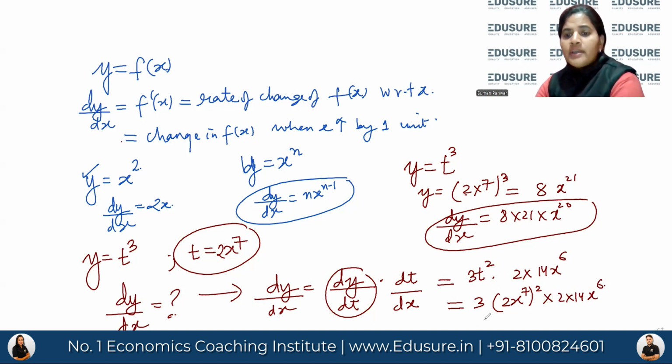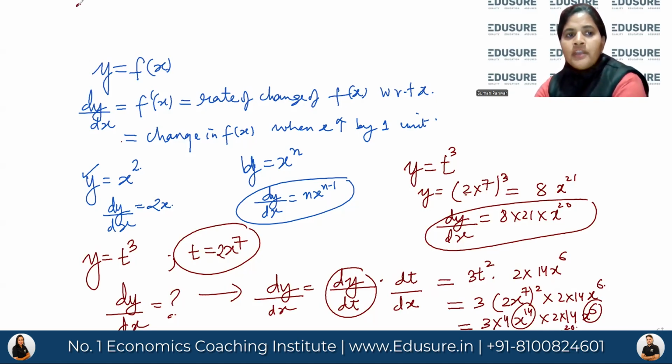So it should be 3 into 4x power 14 into 2 into 7x power 6. So it should be 3 into 4 into 2 into 7, x power 14 into x power 6 is x power 20.